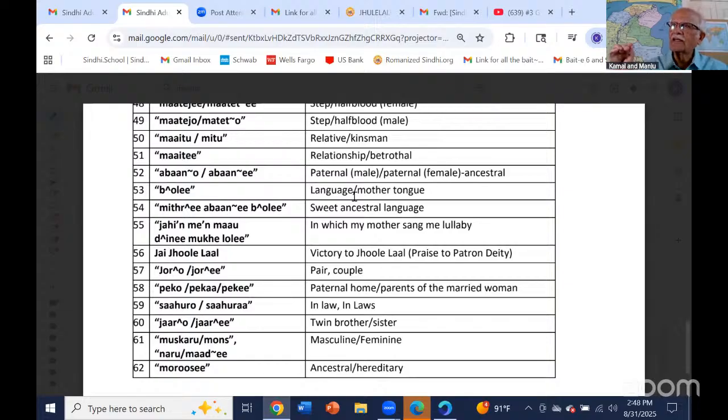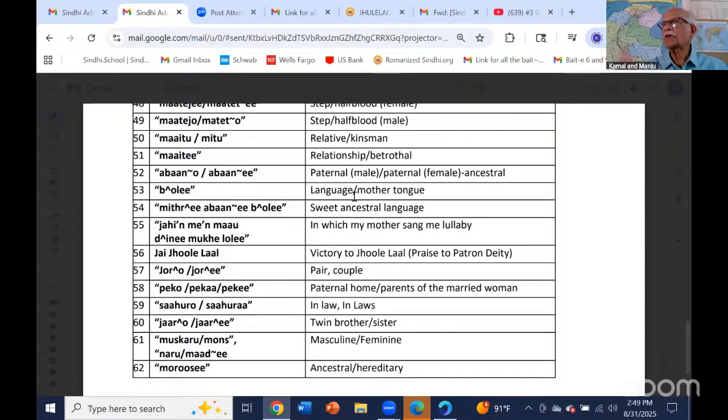Kiye visarya Sindhi boli, how shall I ever forget Sindhi boli? Sindhi boli, mitri boli. Mitri means sweet, really sweet. Jaime maudini mukhe loli, in which my mother gave me a lullaby.